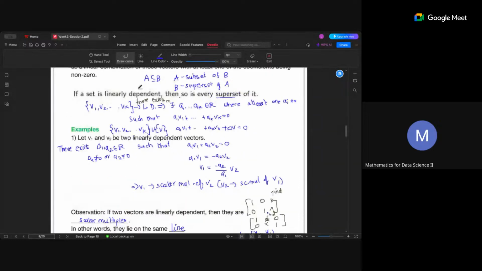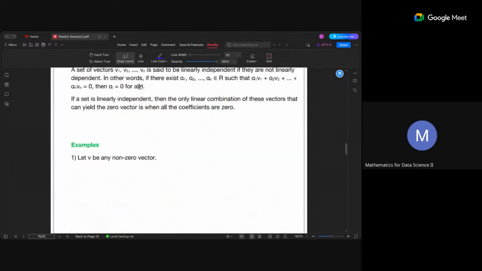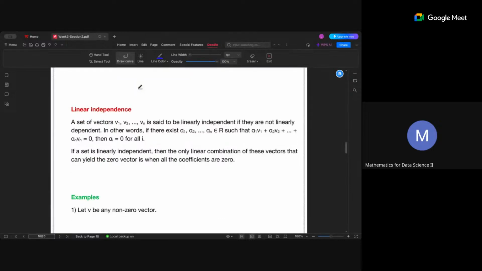Let us try to understand it with the usual definition. In R2, suppose you have two vectors lying along different lines. This is V1 and this is V2. Then you know that V1 is not equal to alpha times V2. This means that V1, V2 are linearly independent.